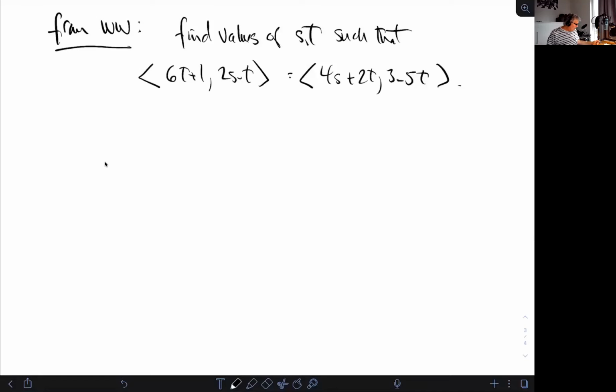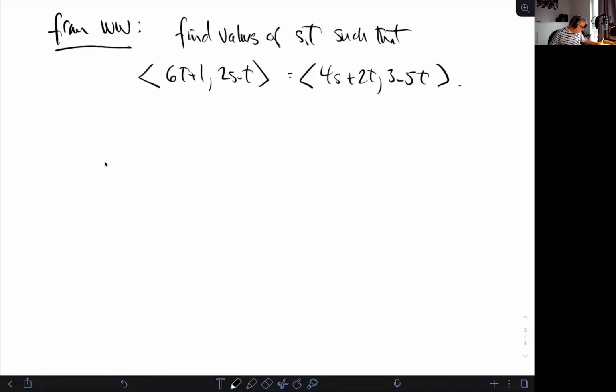Okay, so point number one is that you have to remember that for matrices and vectors, it's always the same. If you have equality between two matrices or two vectors, it means you have equality for each corresponding component or entry.